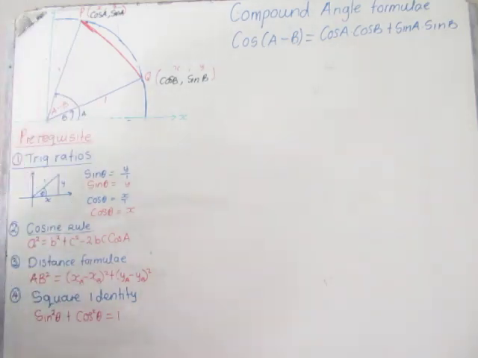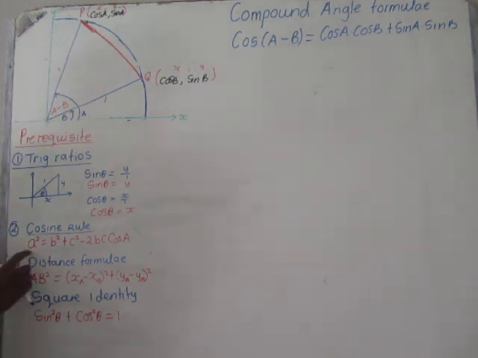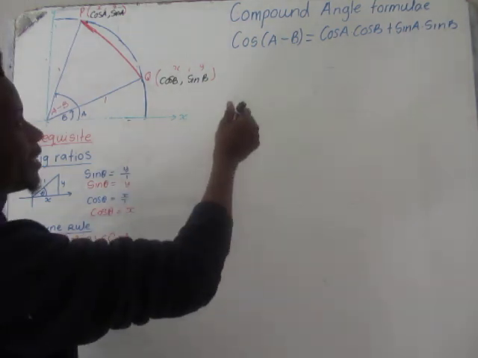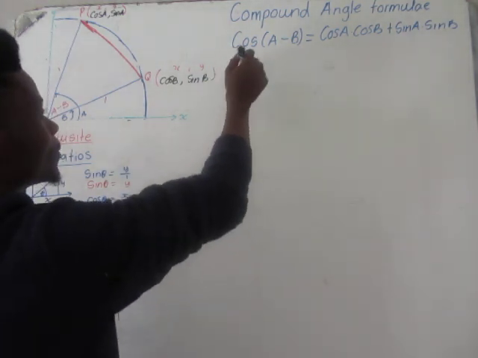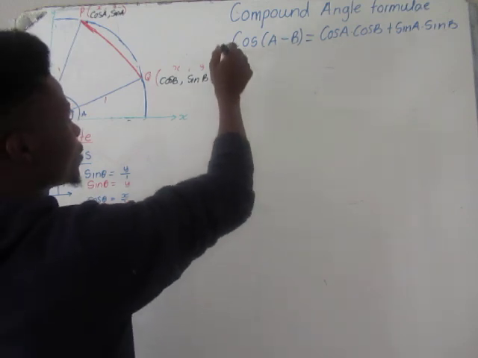So I'm going to start by applying the cosine rule. The cosine rule says, if you need one of the sides, a, I'm going to write it right here.